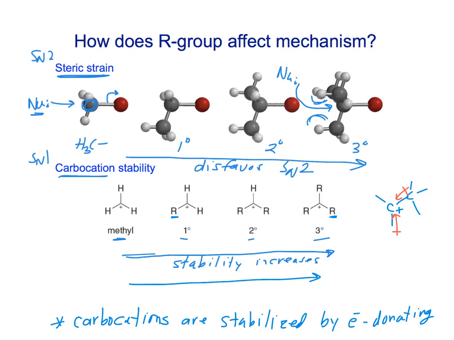So if we go this direction, this is going to favor the SN1, so it must mean that the carbocation forms faster, because we're increasing the rate of SN1. So, can we make the direct comparison between the stability of the intermediate and the rate by which it's formed?